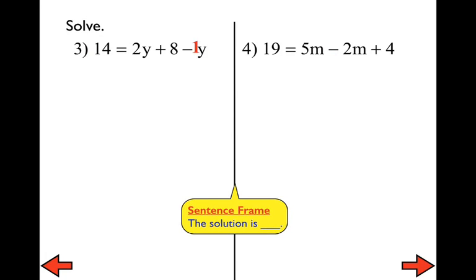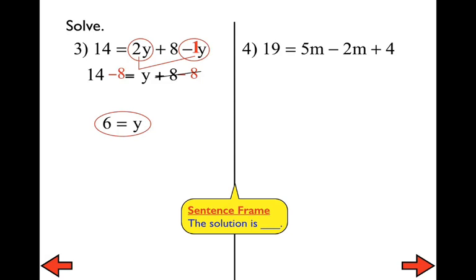And then we had number 3, same kind of thing. Remember, if you don't feel comfortable with the letters being on the right-hand side, you can rewrite the original problem. Just make sure that you write it correctly. What I mean by that is this whole thing goes over on this side.